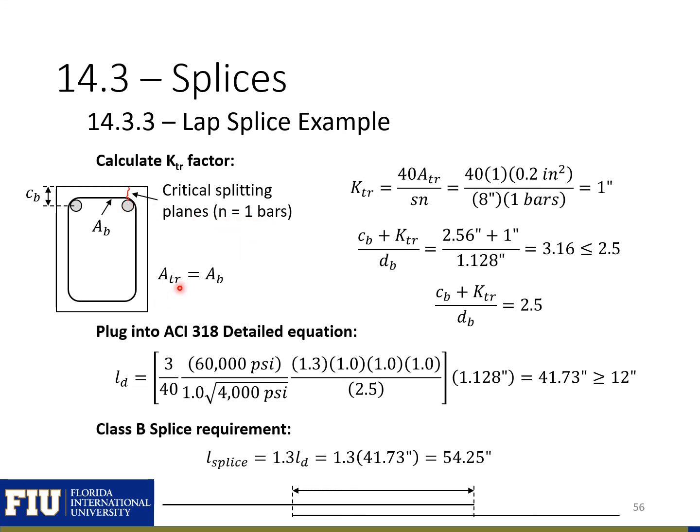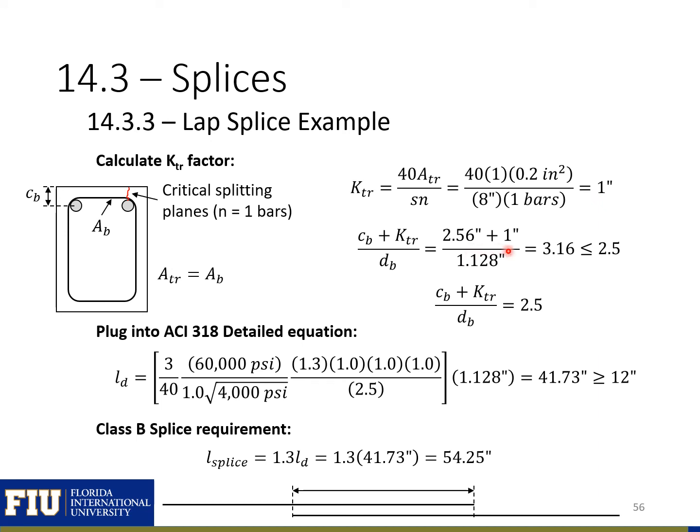Our transverse reinforcement area is just the area of our number 4 bar, so 1 times 0.2 square inches. We only have 1 bar involved in this splitting crack, so n is equal to 1 bar. The spacing of our bars is 8 inches, so we can solve for Ktr, and it equals 1 inch.